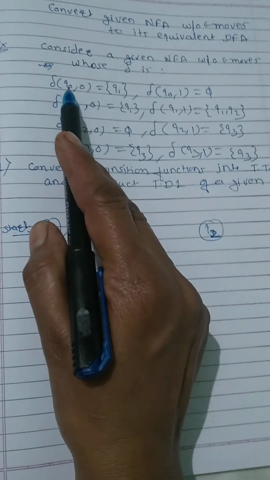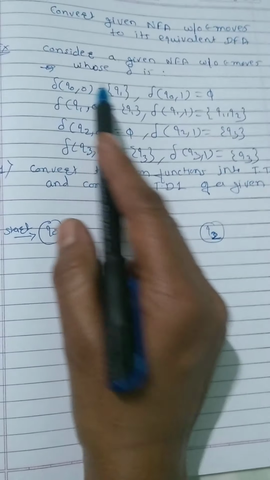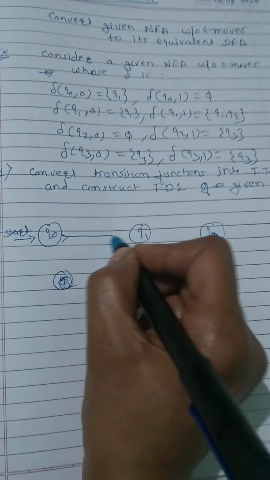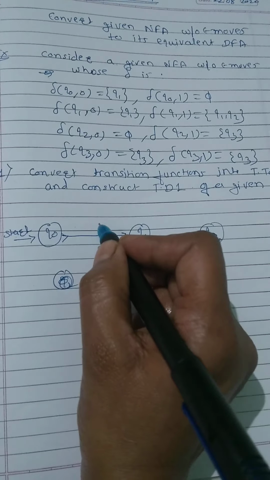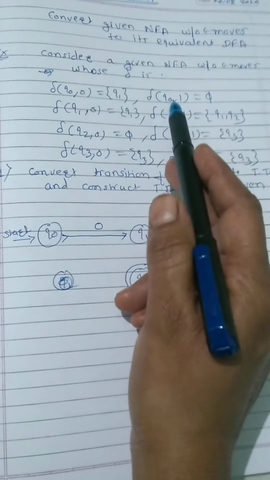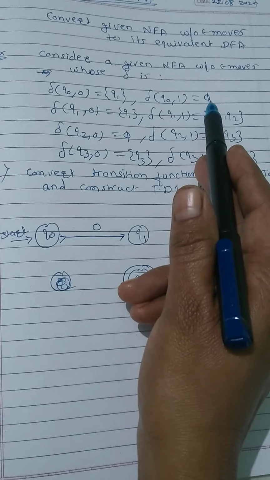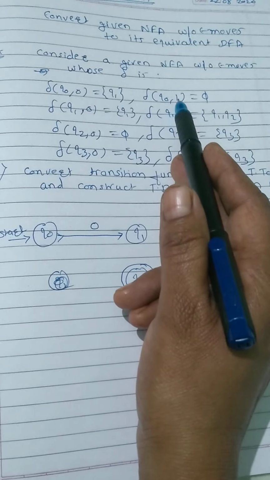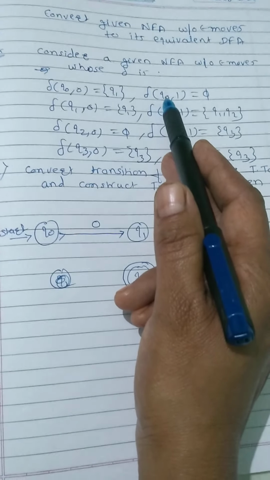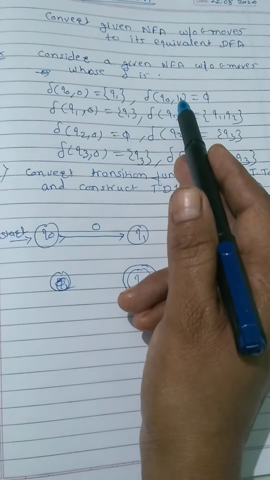Then the first function is q0 to q1 for 0. Then q0 has no state for 1, that means there is no transition from q0 for the symbol 1. Then q1 to q1 for the symbol 0. Then q1 to q1 as well as q2 for the symbol 1.